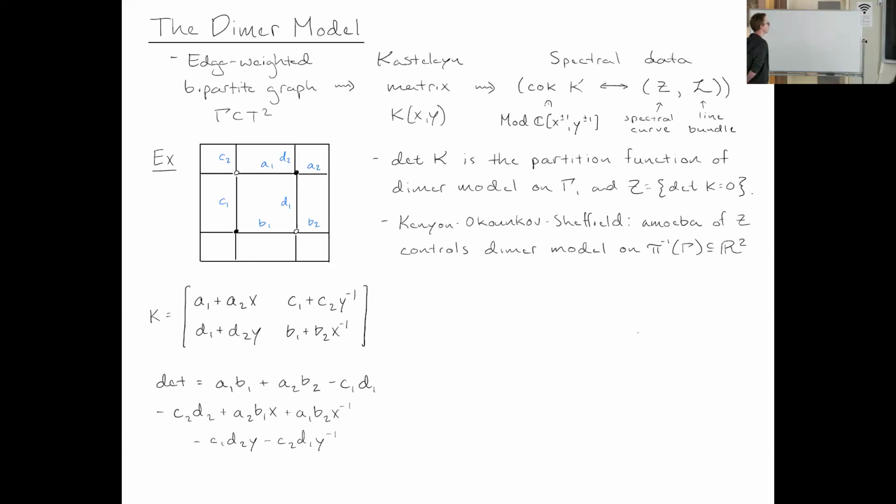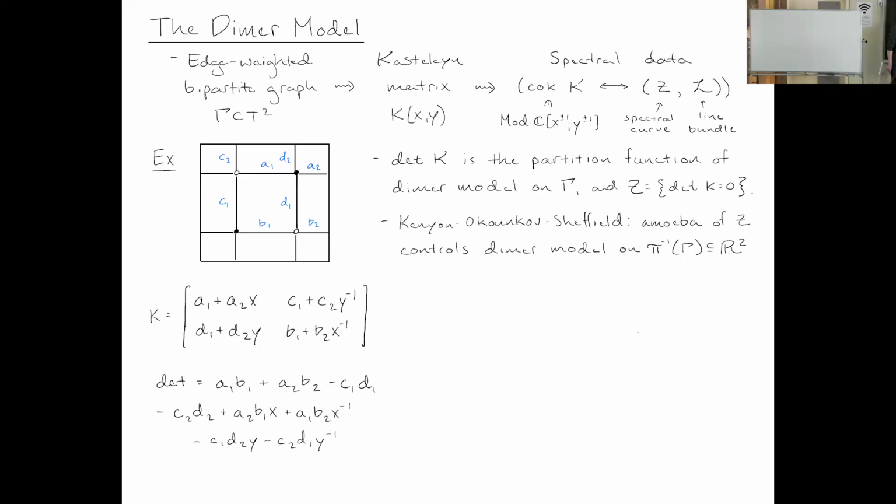No, a priori, the matrix is just a mechanism for producing the partition function. The partition function is a number. It's the weighted sum of the perfect matchings. So the point is that every term in this determinant corresponds to a perfect matching on the graph.